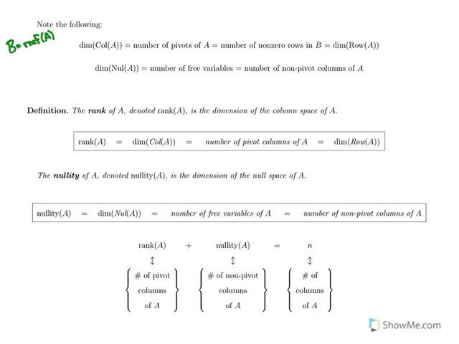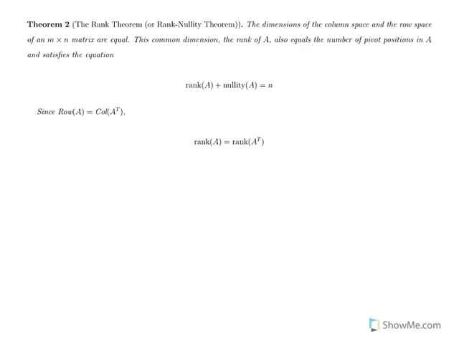And this brings us into our rank theorem, or rank nullity theorem. The dimensions of the column space and the row space of an n by n matrix are equal. We talked about that in the previous page. And this common dimension, known as the rank of A, also equals the number of pivot positions in A, and satisfies this important equation: the rank of A plus the nullity of A is equal to n.